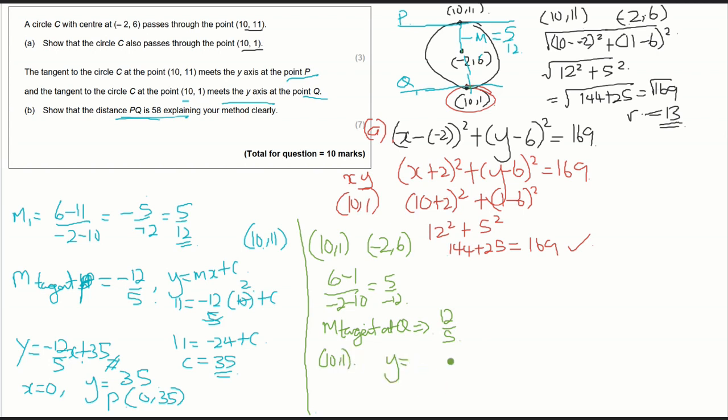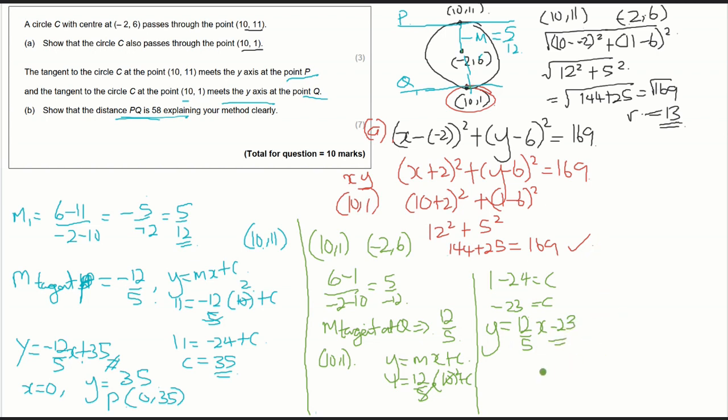So y equals mx plus c, where y is 1, m is 12 over 5, and x equals 10. Then from there you can find c. So this is 2, 12 times 2 is 24. 1 minus 24 equals c, therefore c equals minus 23. So the equation of the tangent is y equals 12 over 5 x minus 23.